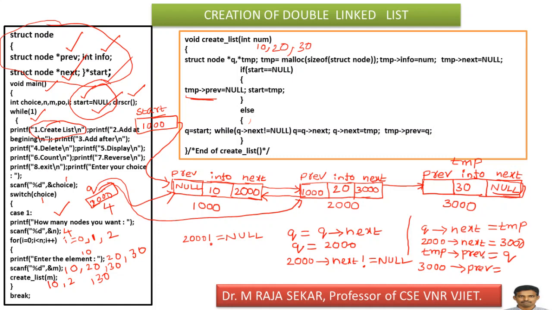Q means what? Q means 2000. Isn't it? Q means 2000. What does it mean? 3000 PREV. This is 3000. Whose PREV is this one? Here I must write 2000.